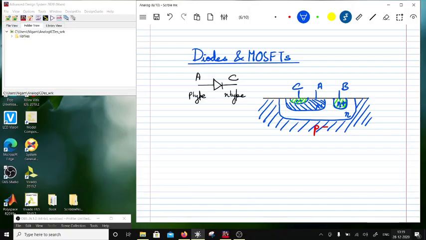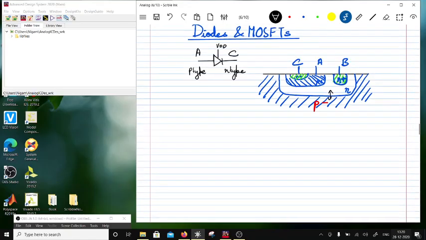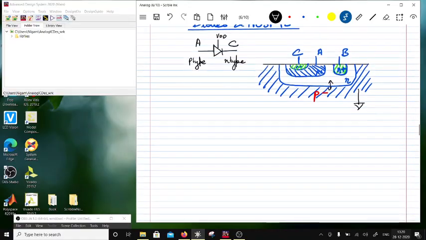Now if I want to reverse bias this PN junction, then this N has to be connected to VDD. So the diode becomes a 3-terminal device rather than a 2-terminal device. Here the body is connected to VDD, and this would be connected to the most negative terminal, that is going to be the ground. So this is what happens in the N-well process.